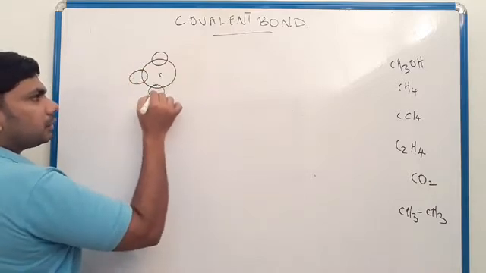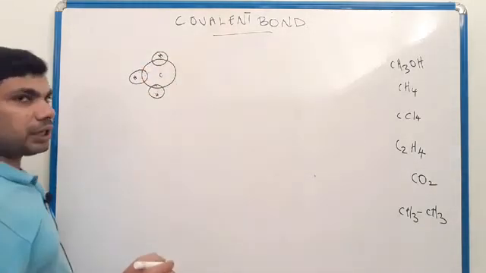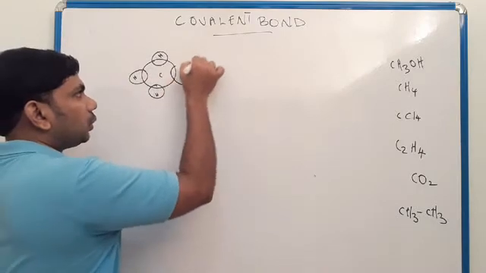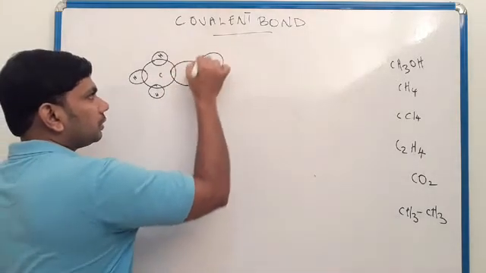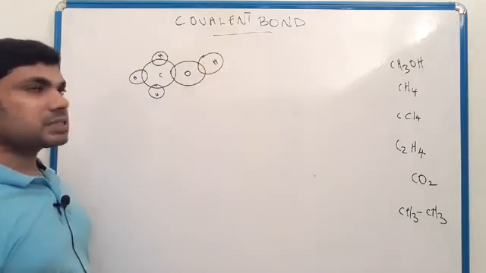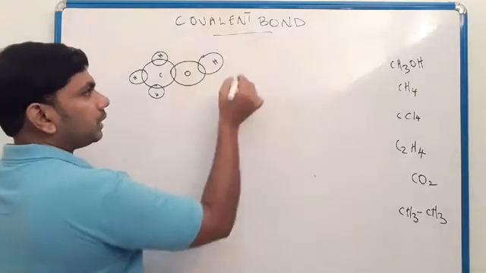This is carbon, hydrogen, hydrogen, hydrogen. This is CH3. Then oxygen, and this is hydrogen. This is CH3OH. Clear?